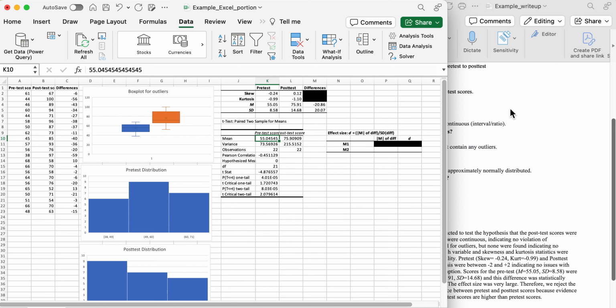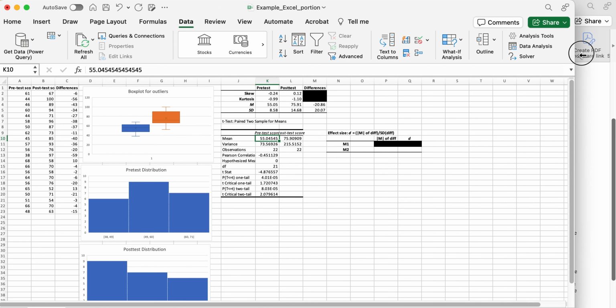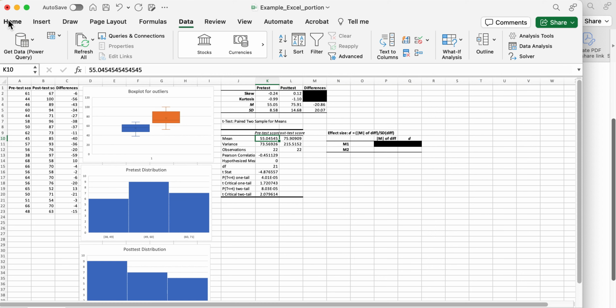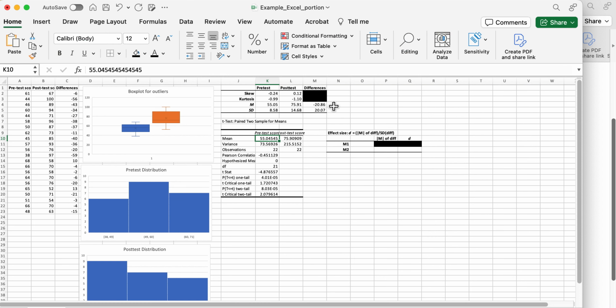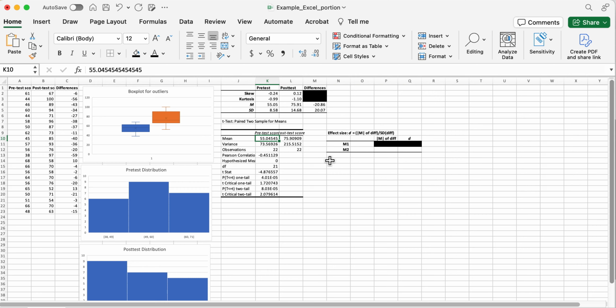Because this is APA format, we have to focus on the decimal points, because you have to have 2 decimal points for APA format. So anything that's a decimal, we're going to make into 2 decimal places.